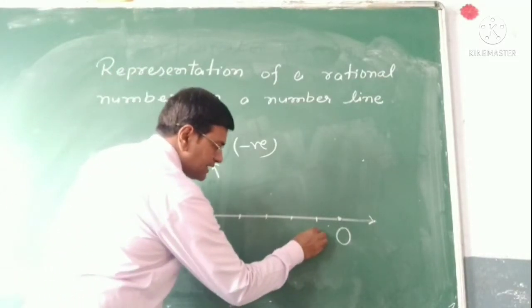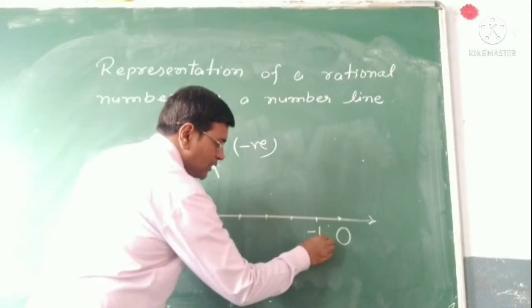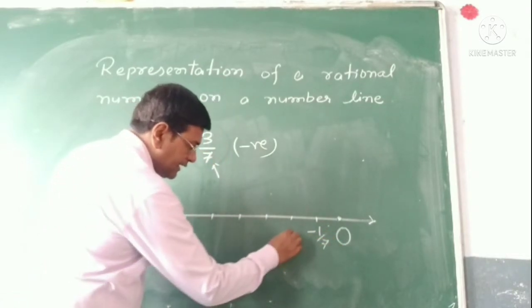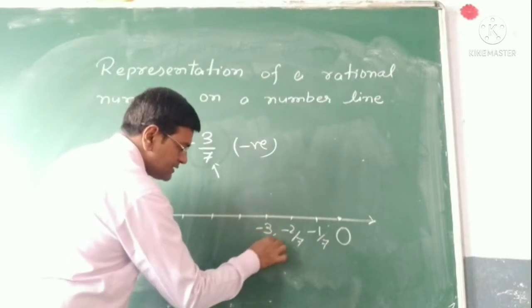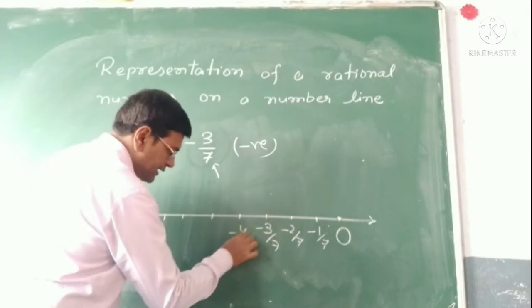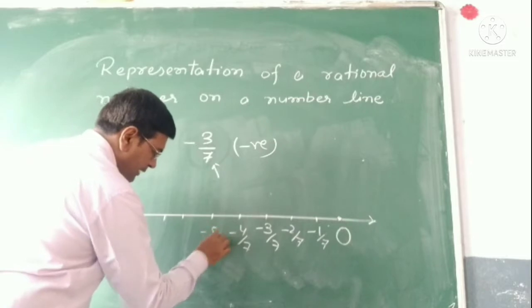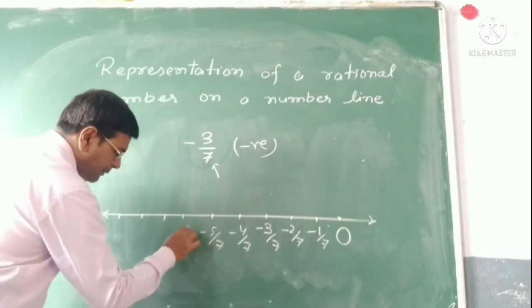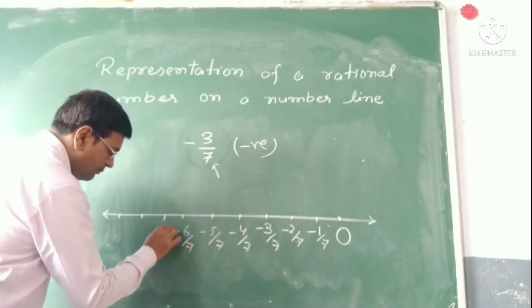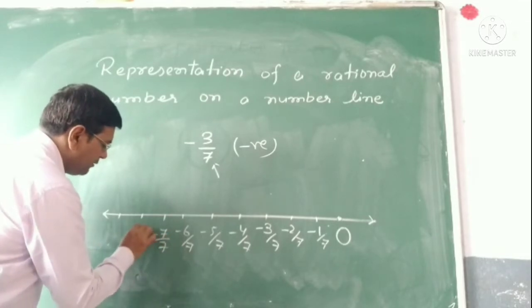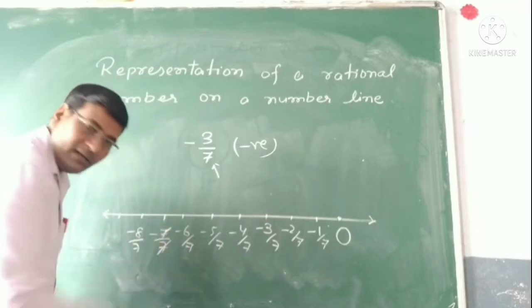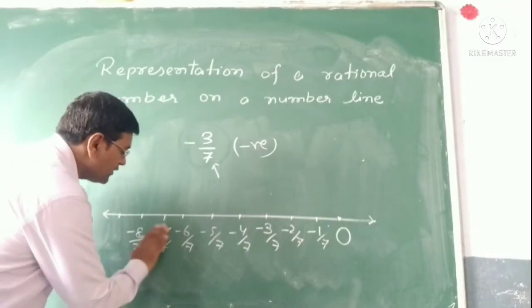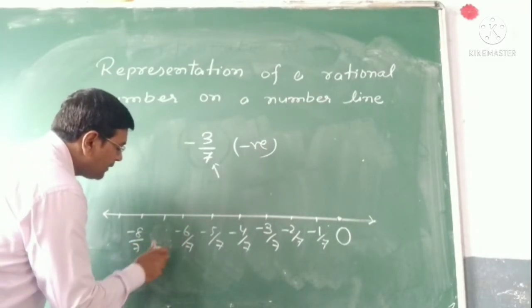First point will represent minus 1 by 7. Second, minus 2 by 7. Third, minus 3 by 7. Minus 4 by 7. Minus 5 by 7. Minus 6 by 7. Minus 7 by 7. Minus 8 by 7. And 7 1 ja 7. Cancel. So it will represent minus 1.